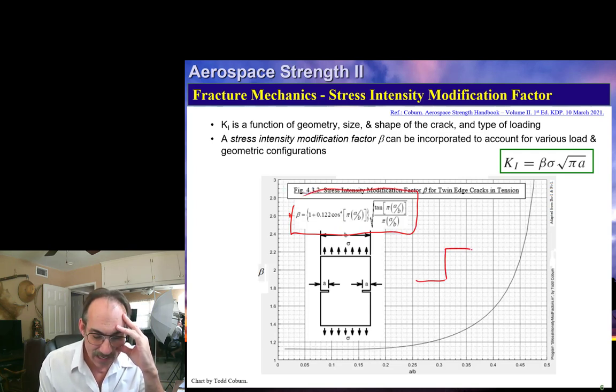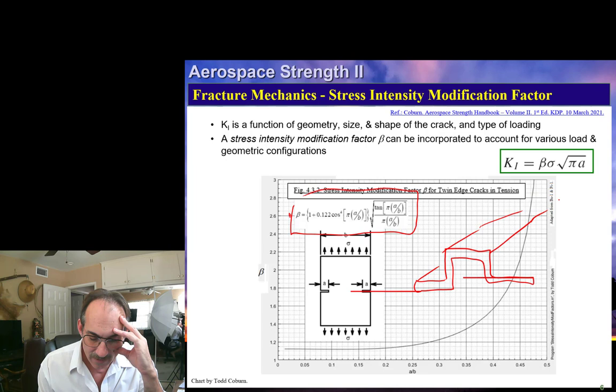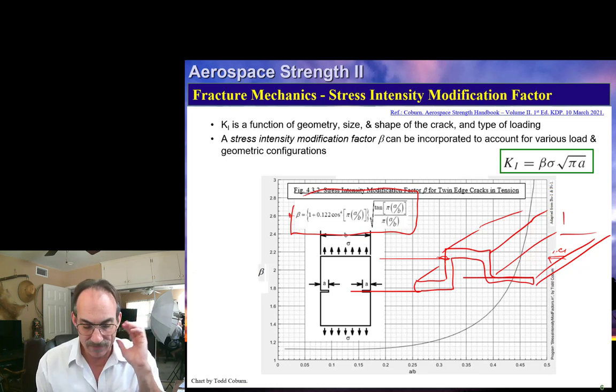If we have that same part, that hat stringer we were talking about before, and let's say that we find an edge crack that's located here, and we have another one on the other side that's located over there, we can use this same method. Once again, we've got a crack on this side and a crack on the other side in the same location.